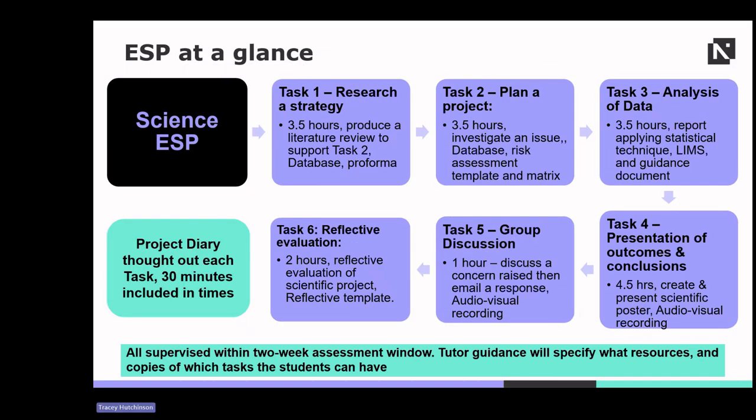Employer set project for the science is similar. The only thing that's different is that science, for every task, they also have 30 minutes included in those times. So for example, task 1, 3 hours for researching the strategy, with then 0.5 of an hour, 30 minutes available for the students to complete their project diary.